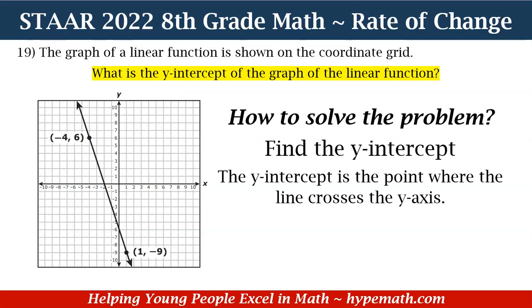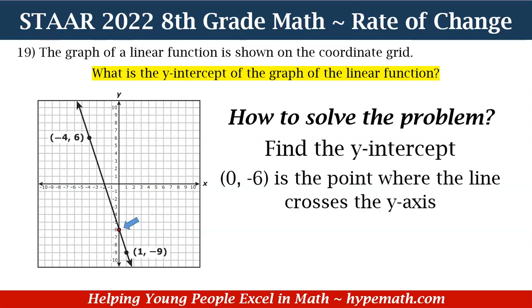All right, so how are we going to solve the problem? We need to find the y-intercept, and just as a reminder, when we're looking at our graph and at where the line crosses the y-axis, it is at the point (0, -6).